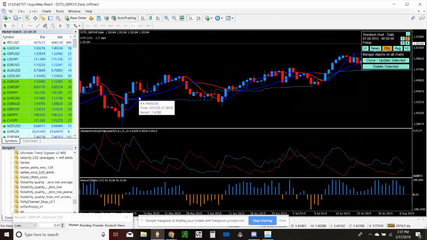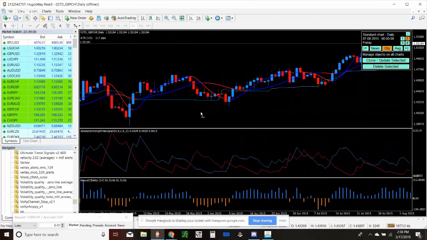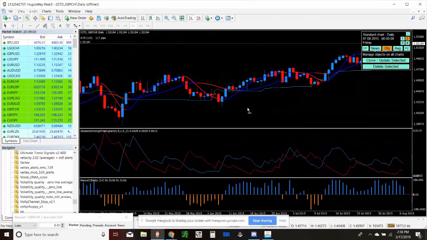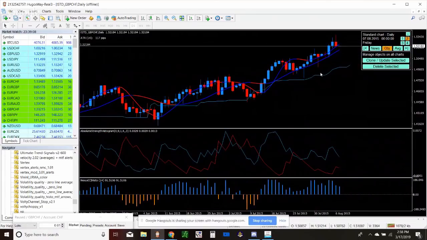So that's really the benefit of those. These are just crosses. So I've got an HMA 50 and an HMA 21. That can also be another confirmation to keep you out of bad trades. It looks like it crosses here above the Kijunsen, crosses here above the Kijunsen, crosses here above the Kijunsen. So I'm still pretty comfortable keeping this Kijunsen for our long and short line.